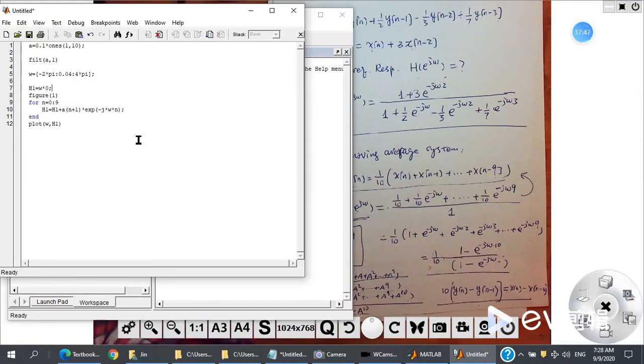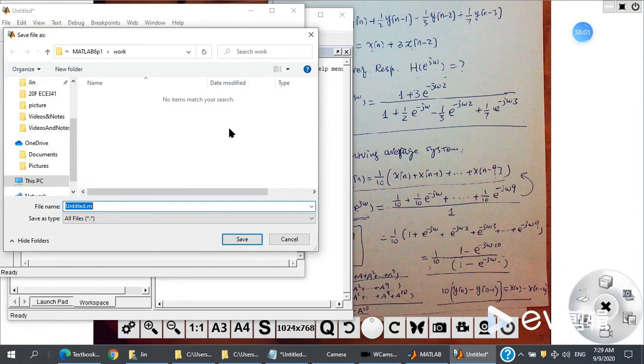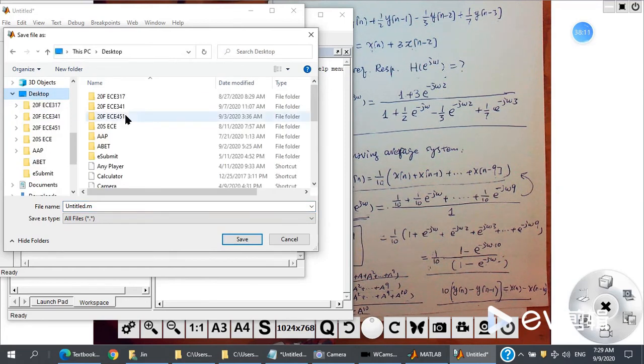Is it working? Yeah, it's wrong. Oh, I need to give a place. I say this is a. I need to save it. I have ECE317.